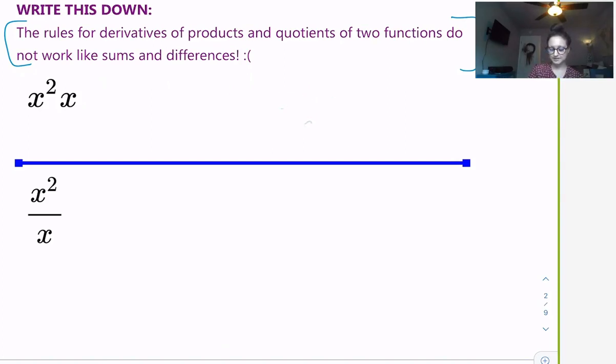Let's try applying that same logic to x squared times x, okay? So if I try to find the derivative term by term here, and multiply them together, the derivative of x squared, we said, is 2x, times the derivative of x, which is 1, and that's equal to 2x, right? Okay, let's test that and see if that's the correct derivative.